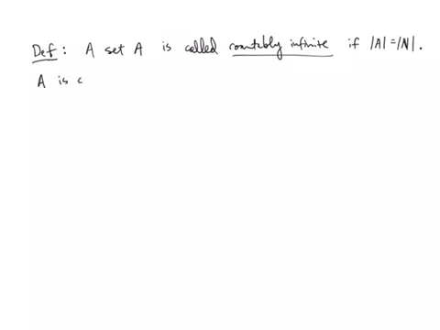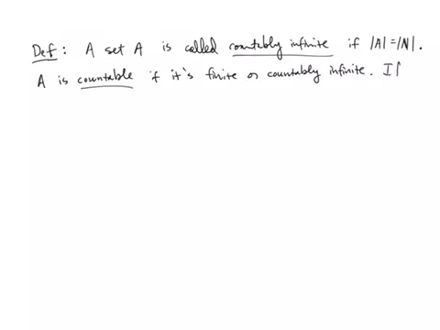A is countable if it's finite or countably infinite. And then if you have an infinite set which is not countably infinite, that's called uncountable.